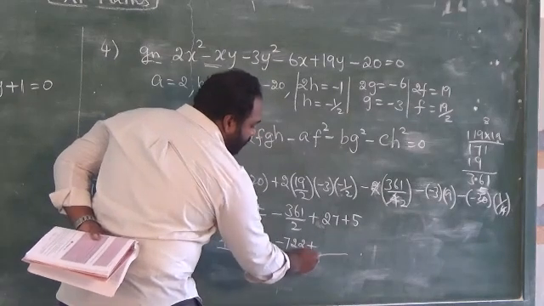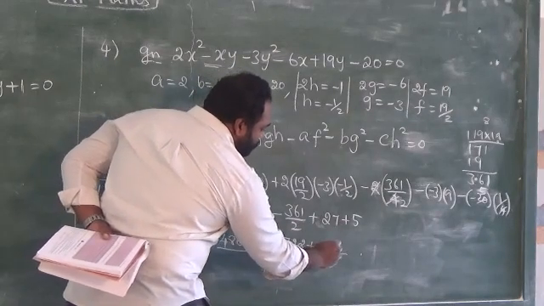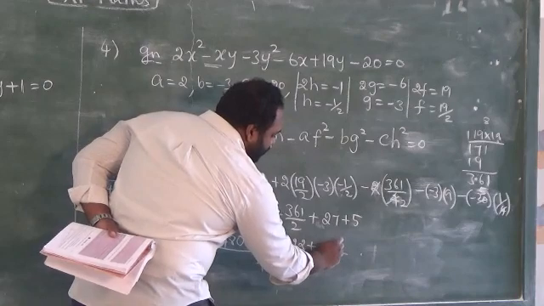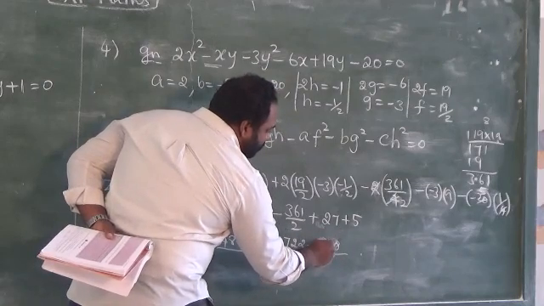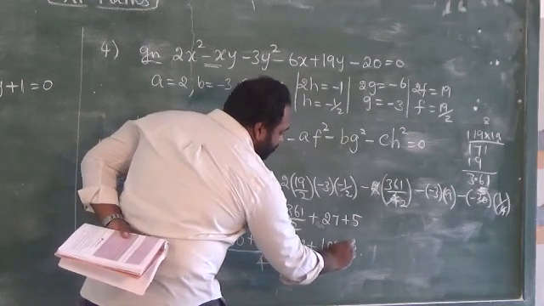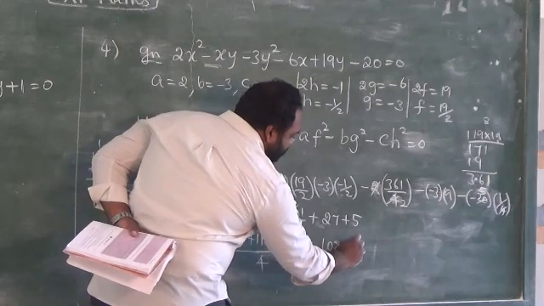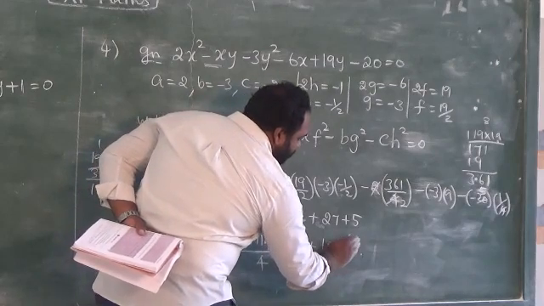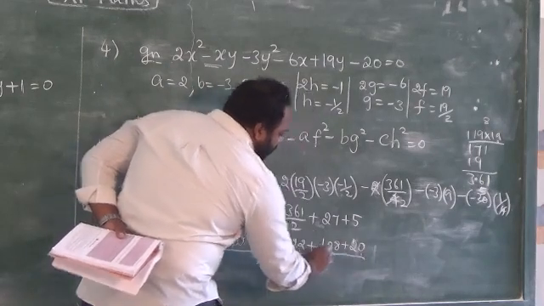Here solve, multiply with 4, 108 plus 20.